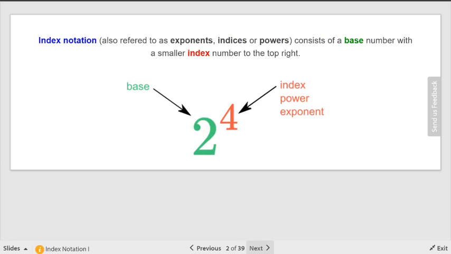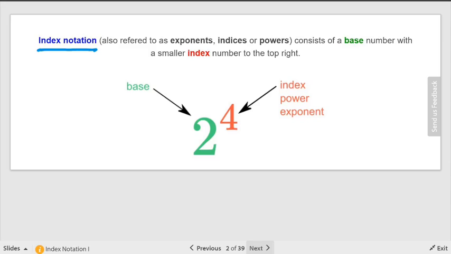So index notation, also referred to as exponents, indices, or powers, consists of a base and a smaller index to the top right. So let's just look at the drawing here. In your notes, you should write index notation, using the half-page note-taking system, right?